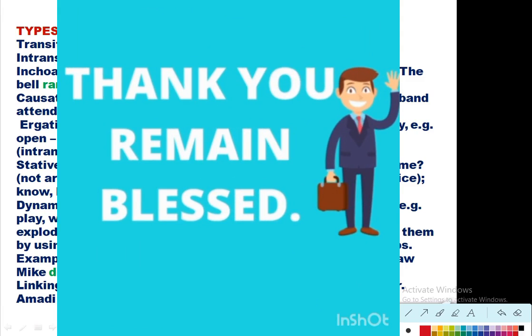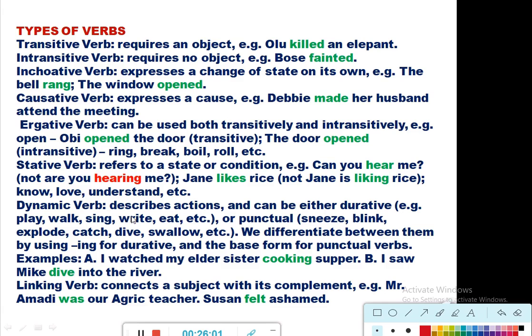Then we have dynamic verbs that are just the opposite of the static or stative. A dynamic verb describes actions and can be either durative, when it reports something that happens for some time, such as play, walk, sing, write, eat, and so on.